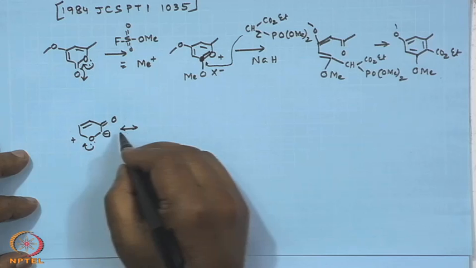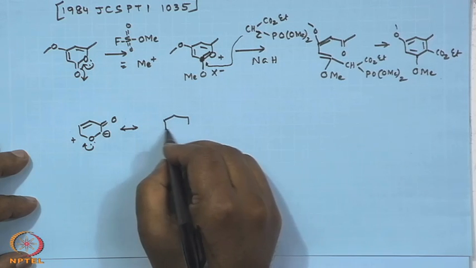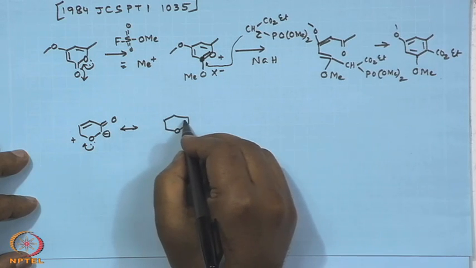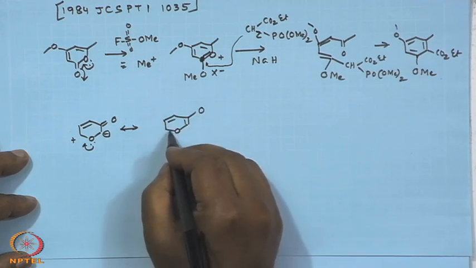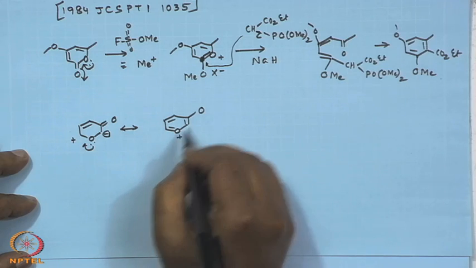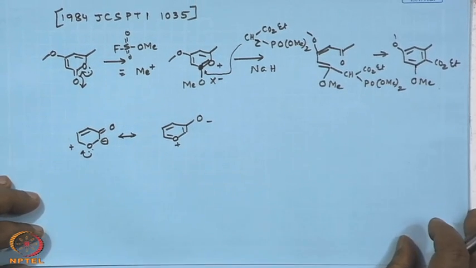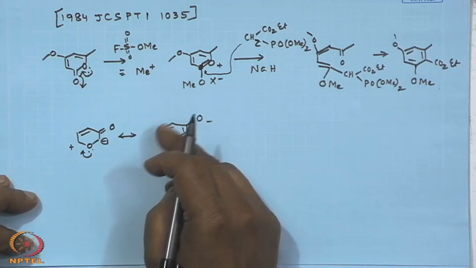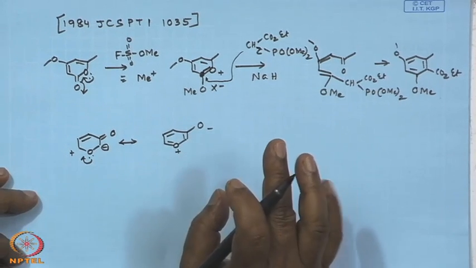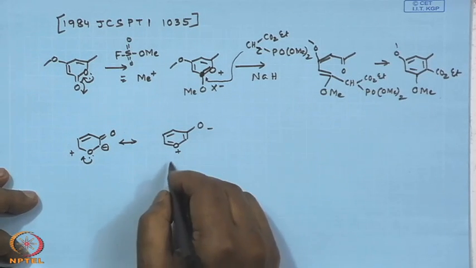If I put a minus here, this would give you again a pyrrylium salt with zwitterionic character, but the cyclic structure represents an aromatic structure.